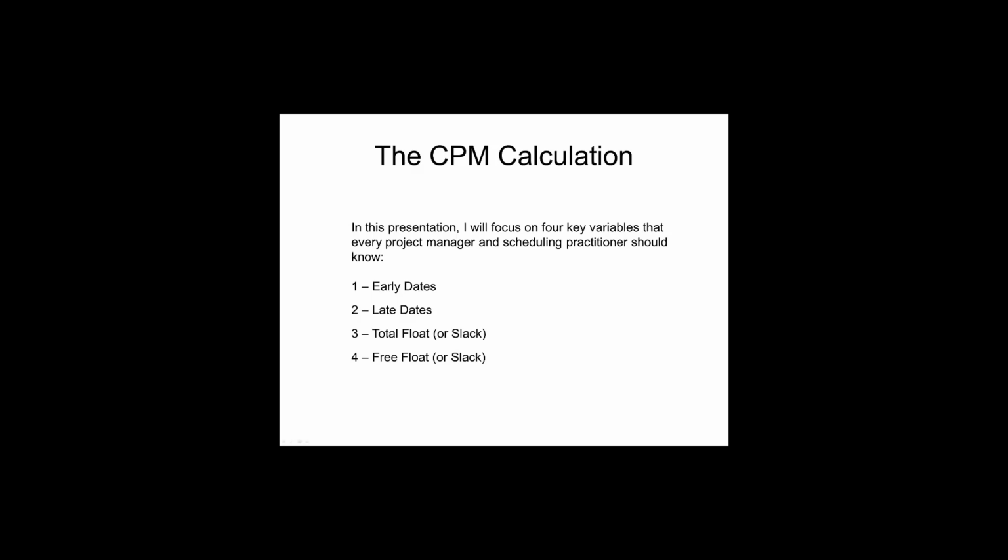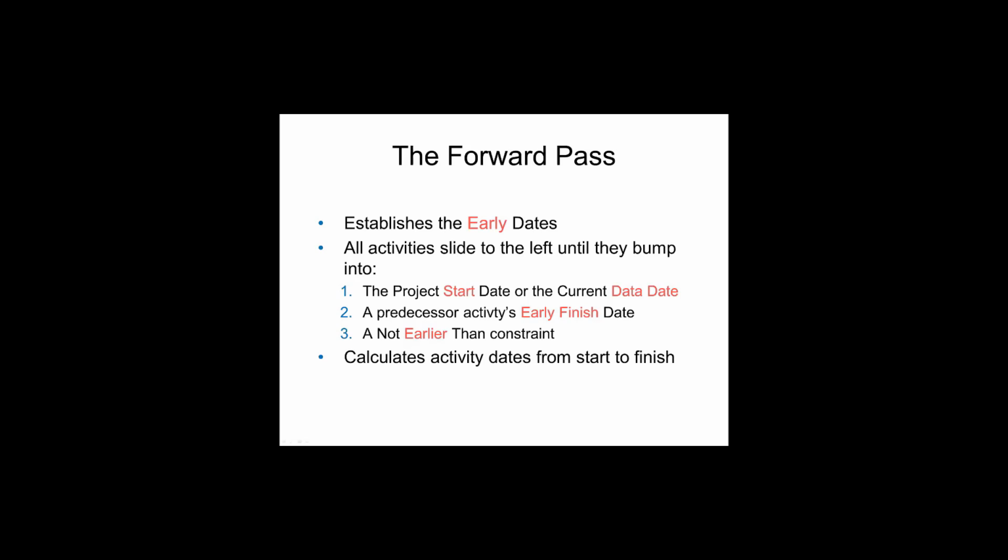Now, the CPM calculation proceeds in what are known as two passes. The forward pass establishes the early dates.